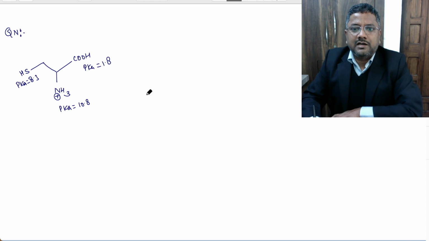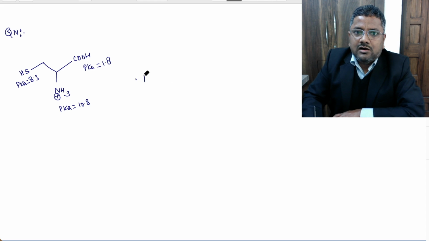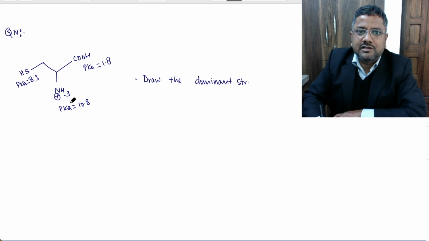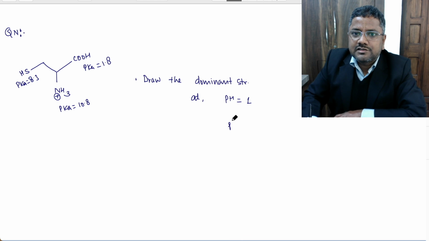And the question asks: draw the dominant structure of this molecule at pH 1, at pH 5, at pH 9, and at pH 12.